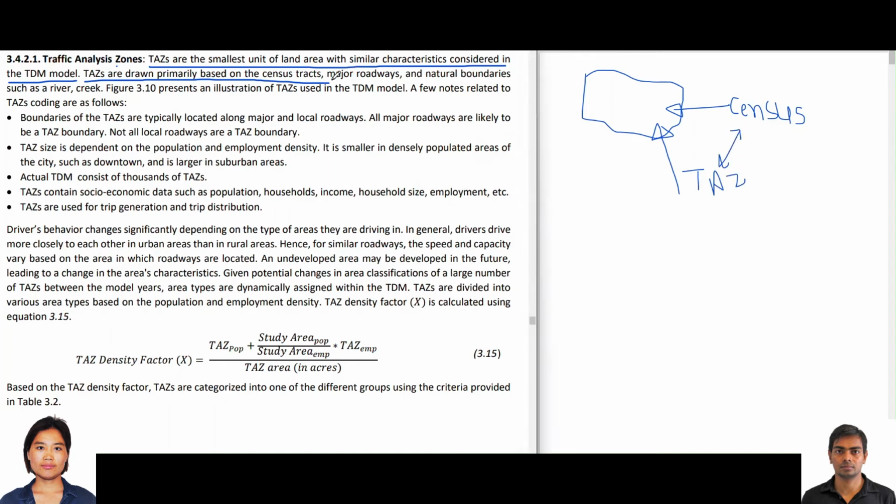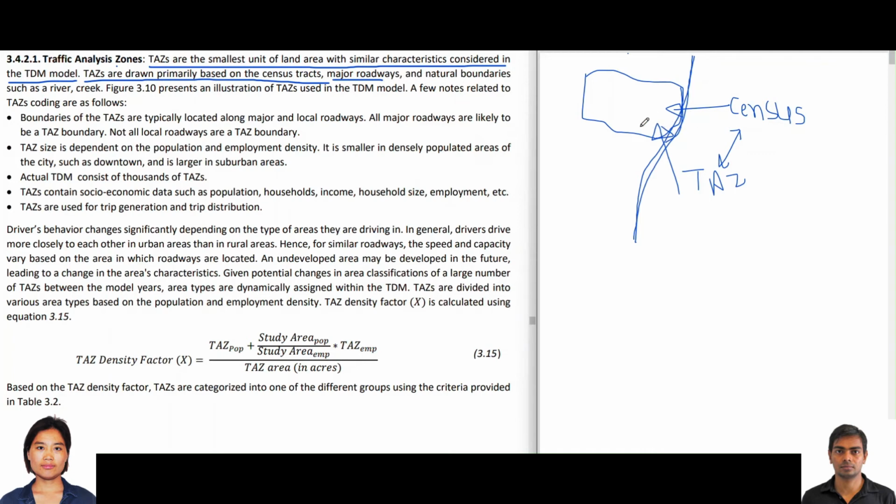Then the second one is major roadways. If a major roadway passes through a region, usually census tracts are also divided such that the major roadway lies at the boundary. So major roadways constitute one side of a TAZ's boundary.